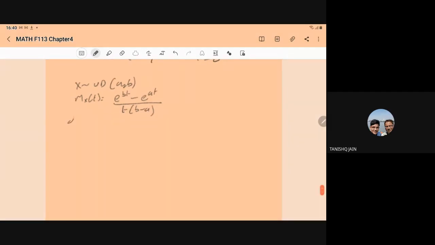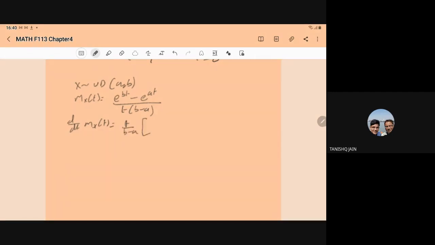So now from here, if you compute d by dt of mxt, 1 upon b minus a you can write as it is.